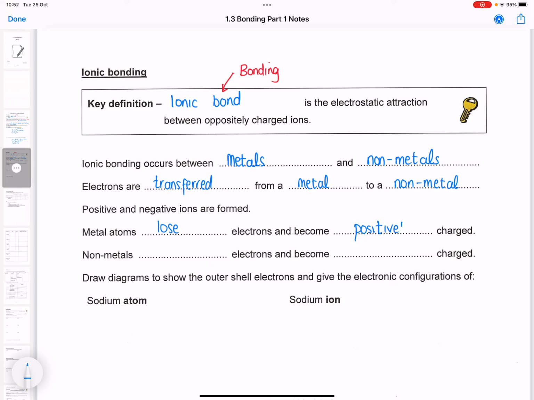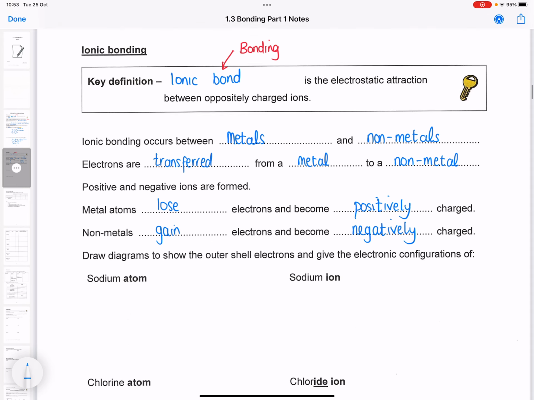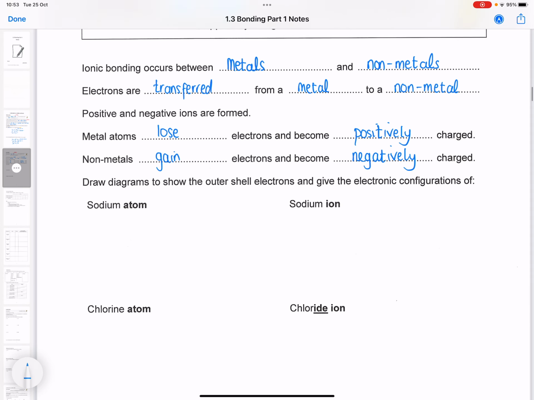So remember, sodium becomes Na+, Mg becomes Mg2+, and the non-metals gain. So chlorine becomes a chloride, Cl-, oxygen becomes an oxide, O2-, so they gain and become negatively charged. They gain to complete their outer shell, so we can get a noble gas configuration.